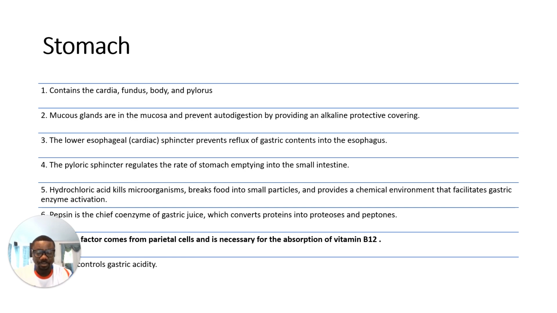The stomach also controls the acidic level of the GI. Then you have other gastric juices like gastrin that controls the gastric acidity. All of these are important points for the stomach and for the entire GI system at large.